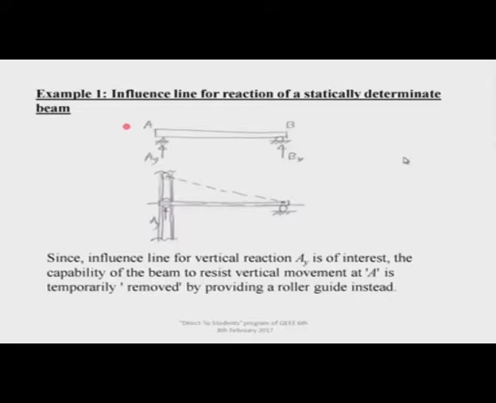The first step is that I need to destroy that. I need to remove the capability of the beam to resist the reaction at A, but not any other stress resultant restraint. That means the beam will be allowed only to slide down or up and nothing else. Okay, I allow that.